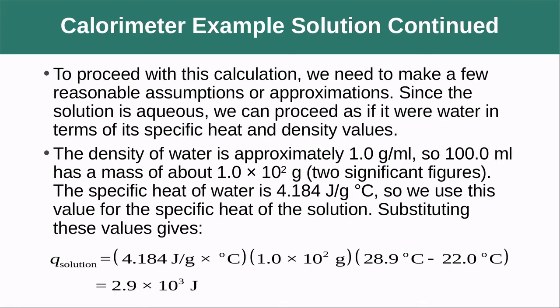And then we have our change in temperature, which is going to be the difference between that final temperature when we mix the two together and the initial temperature that they were both sitting at, 22 degrees Celsius. If we do all that math out, we're going to see that that reaction released 2.9 times 10 to the 3 joules.